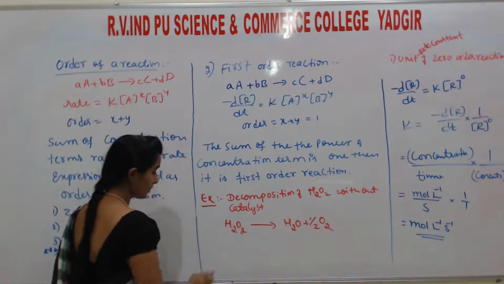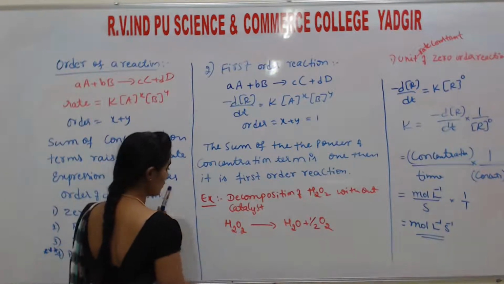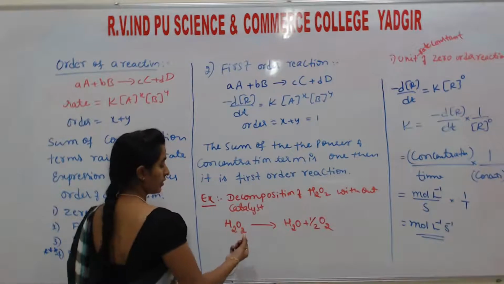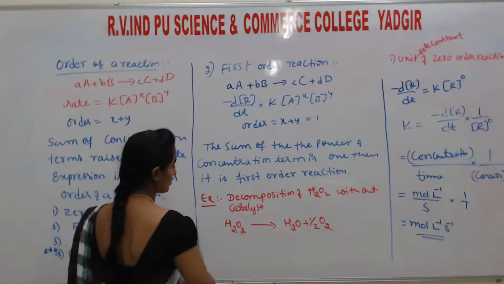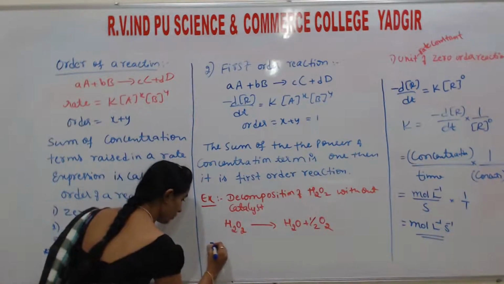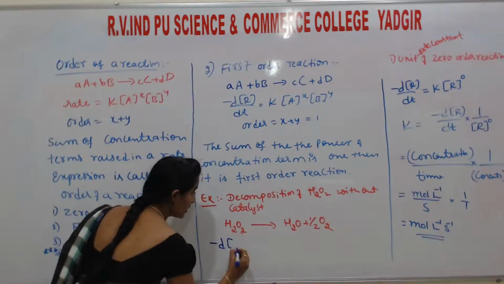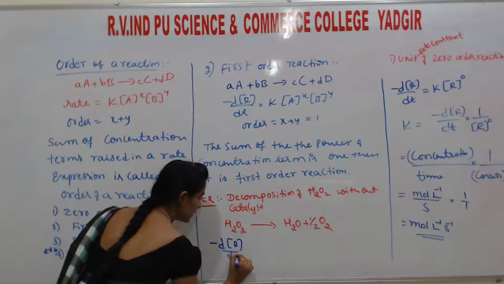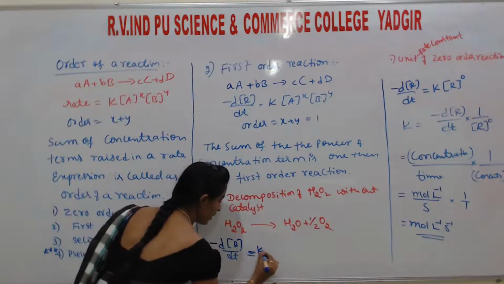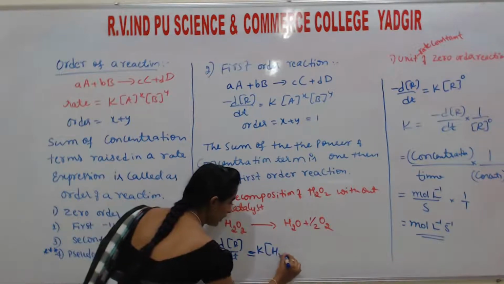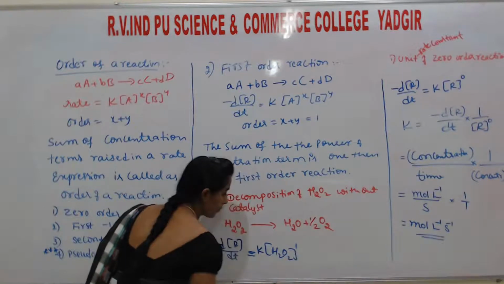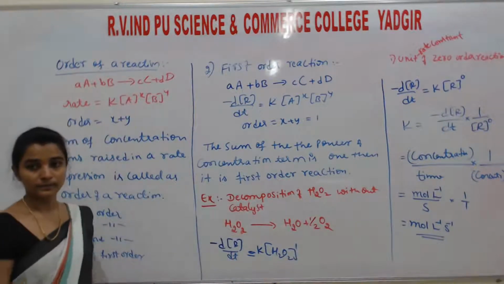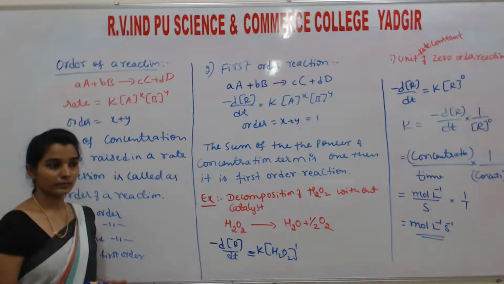Understand? So this reaction tells about what? The concentration or rate you take, that is minus dR by dt is equal to K into concentration of H2O2 to the power of 1. Understand?